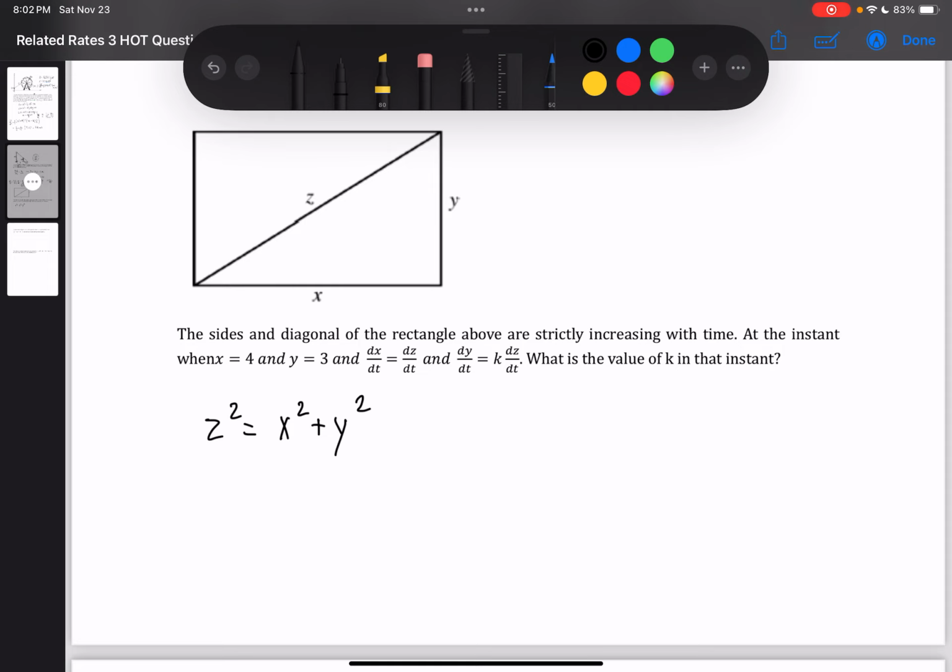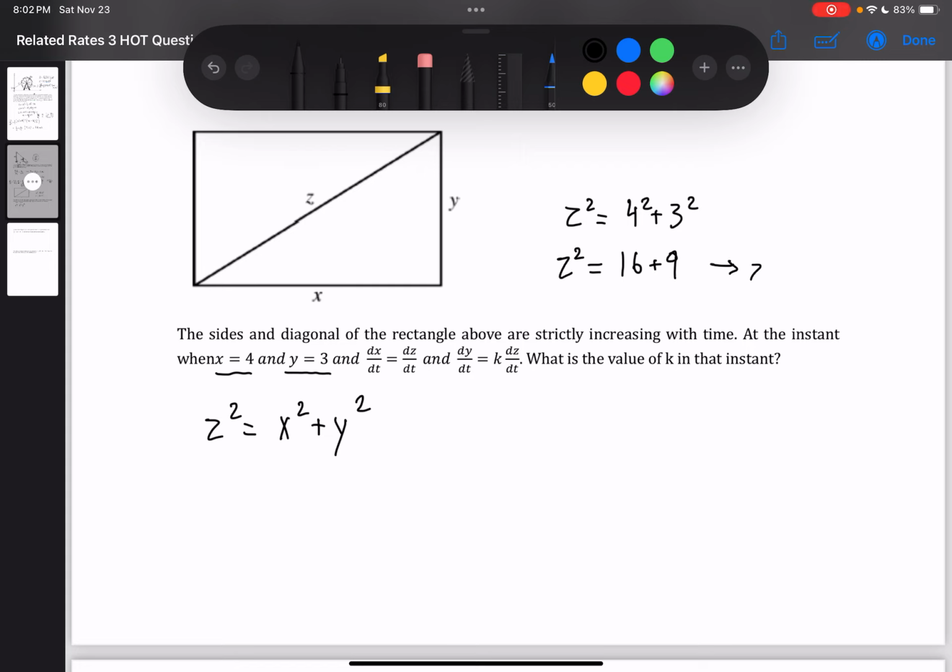But before we do that, notice that in the given information, they gave me the value of x and they gave me the value of y, but they didn't give me the value of z. So I'm going to go ahead and find the value of z before I do any deriving and any solving. So it is going to be 4 to the power of 2 plus 3 to the power of 2, which is going to be 16 plus 9.